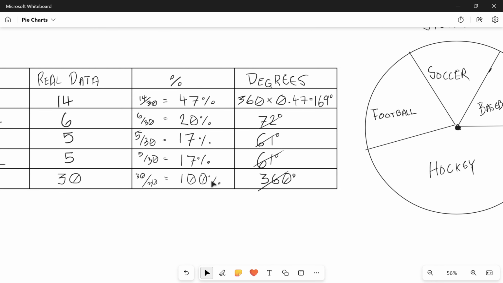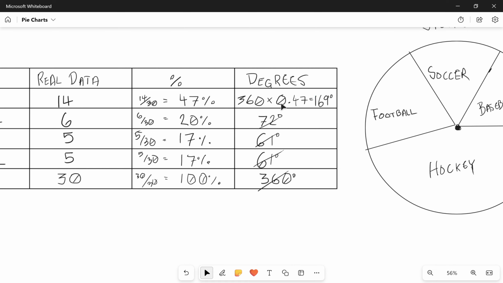We knew that 100% of a circle was 360 degrees, so we just found these percentages of 360. What was 47% of 360? Well, we multiplied 360 times the decimal version of 47%. 360 times 0.47 equals 169.